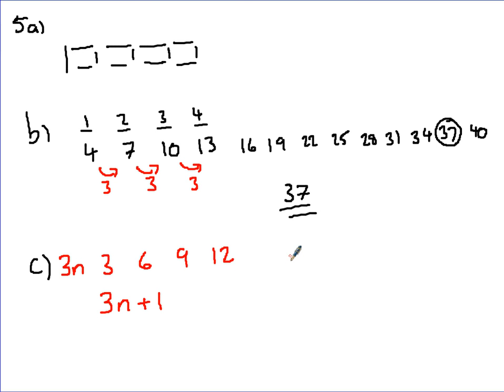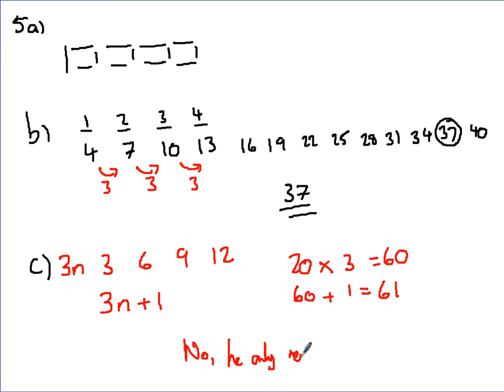So if we get the number pattern, which is 20, times it by 3, which gives us 60, and add 1 to our 60, that tells us exactly how many sticks we need for pattern 20. So we need 61 sticks. So is he correct? No. He only needs 61 sticks.